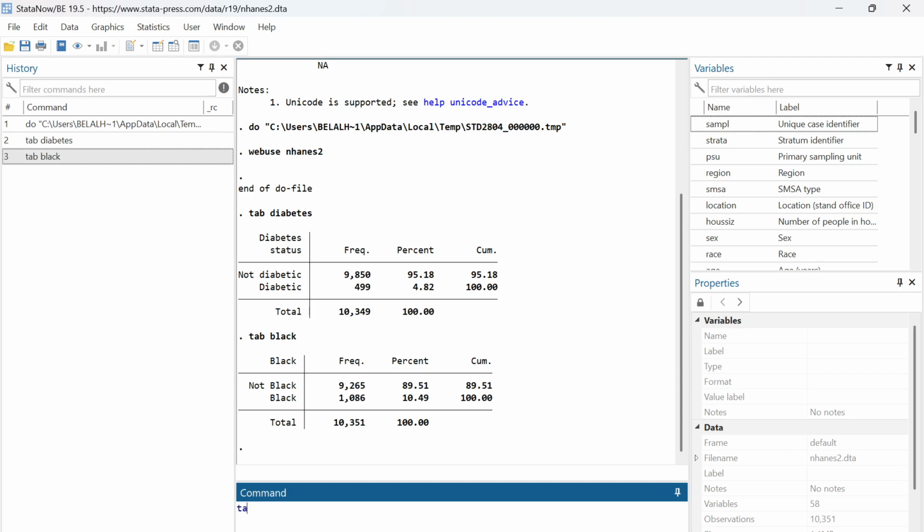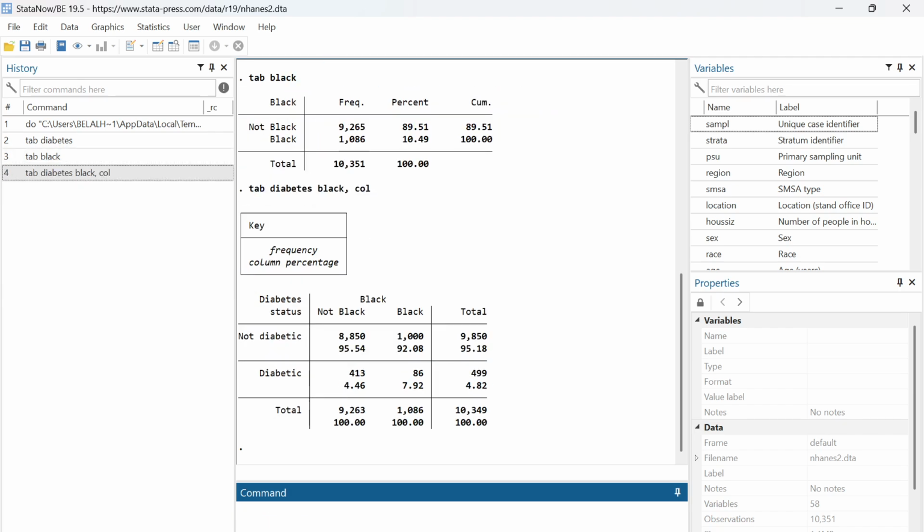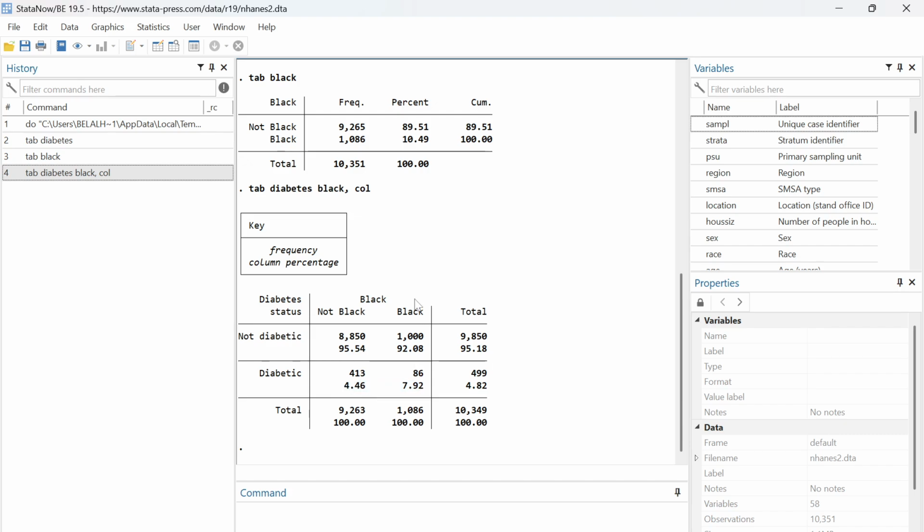Previously what I did is use two-way cross-tabulation, diabetes and black, and that's exactly what we are doing, asking for the column percentage. Let's hit enter, and you can see that we see some differences. 8% of the black people have diabetes, whereas less than 5% of the non-black people have diabetes, right?